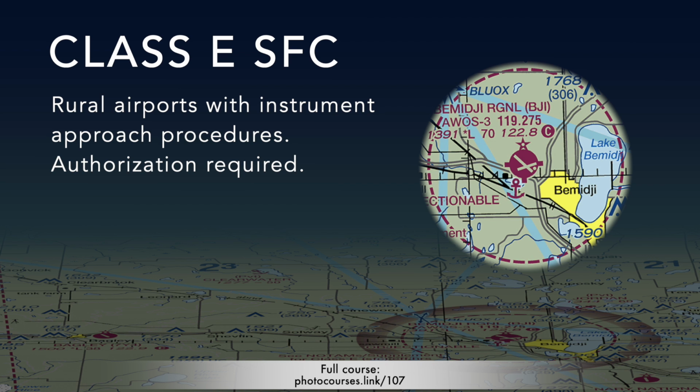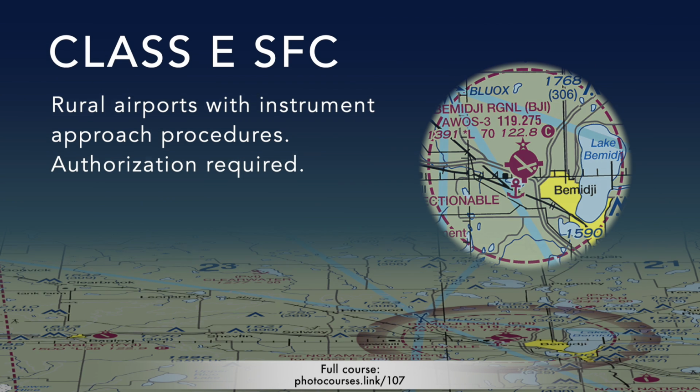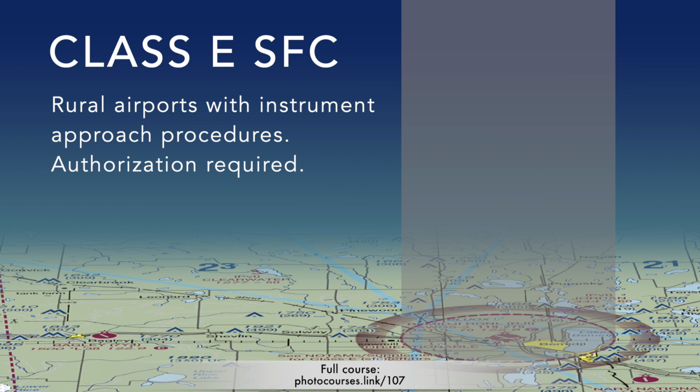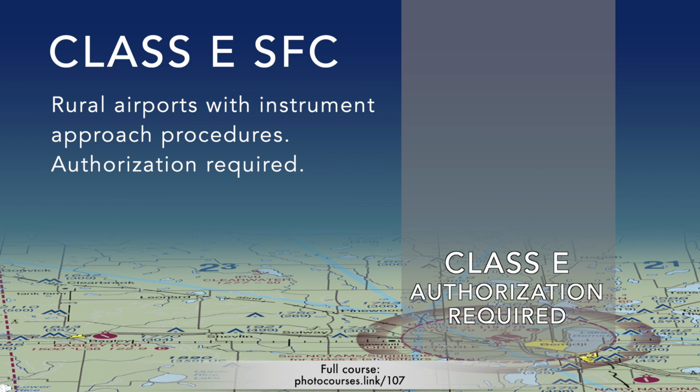So if the weather is bad and the pilot is coming into land and he's in the clouds, only using instruments to fly, Class E airspace is going to be protecting that airspace as he's flying through the weather, which is why these smaller airports have this controlled airspace that goes all the way down to the surface for that protection. And Class E airspace that goes down to the surface is the only type of Class E airspace where you need authorization to fly your drone.